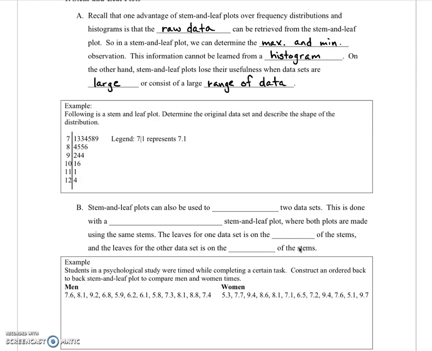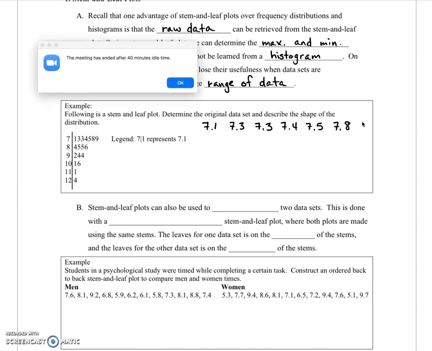So if we need to make our data set, we can just list it out. So from the first line, we have 7.1, then 7.3, another 7.3, 7.4, 7.5, 7.8, and 7.9.